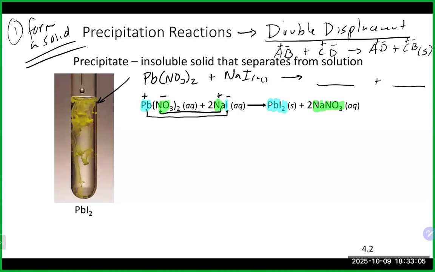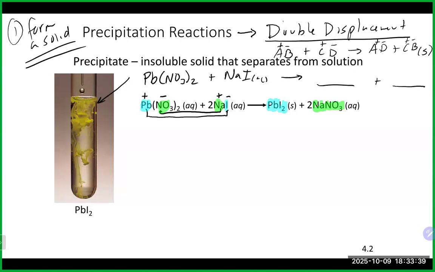One of the things that people oftentimes screw up on when they try to do this is they try to balance the equation and also write the formula at the same time. And if you do that, as I might have mentioned when we were talking about balancing equations, you most likely are going to end up with the wrong equation and it's never going to balance. So the order in which you always want to do this is get the right formulas down first and then balance the equation.